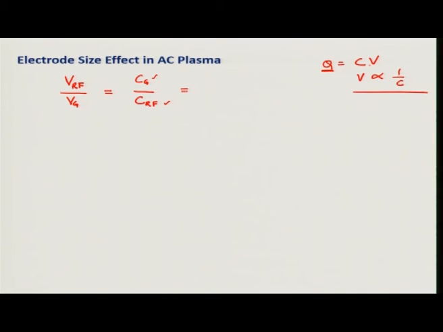And this capacitance ratio we can define as Ag by Arf, times the sheath thickness ratio, ds. This is the RF electrode and this is the ground electrode, and we have small sheath distances at both ends.